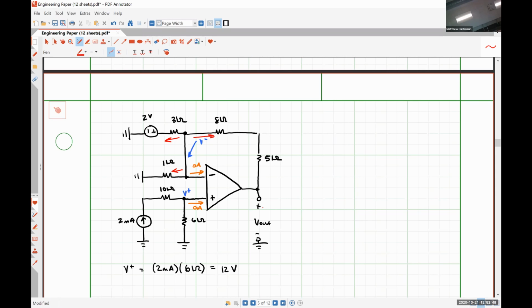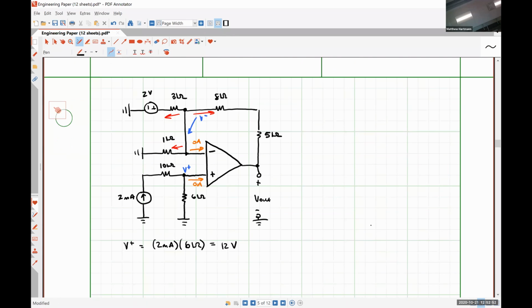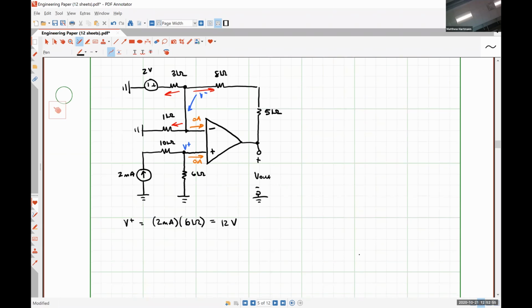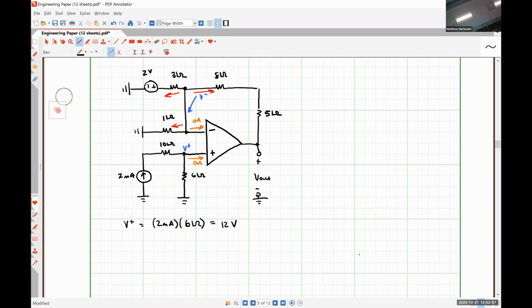All right. So what's the current flowing through the 1 kilo ohm resistor, expressed in terms of my voltage? So is there a voltage right here?